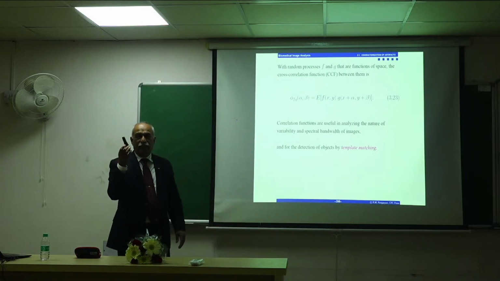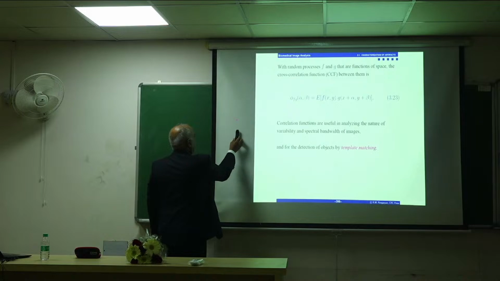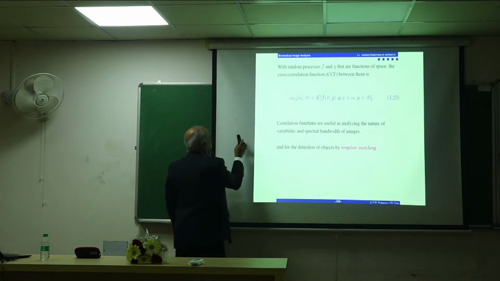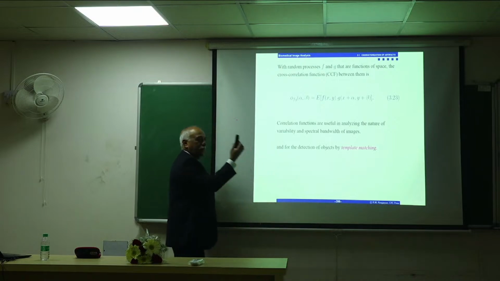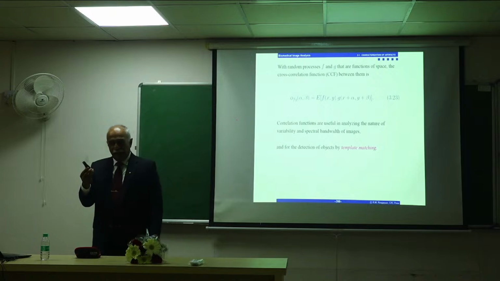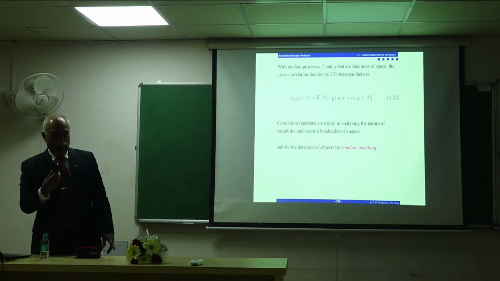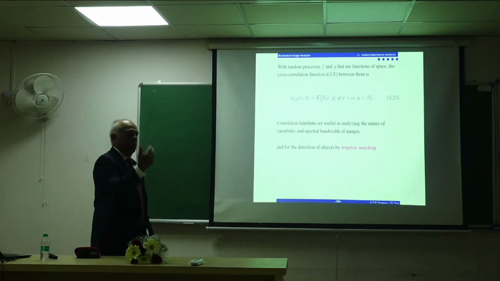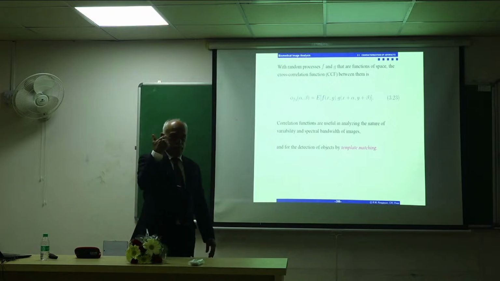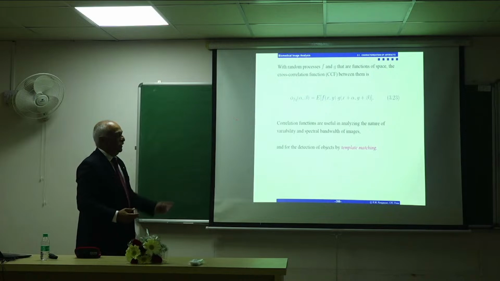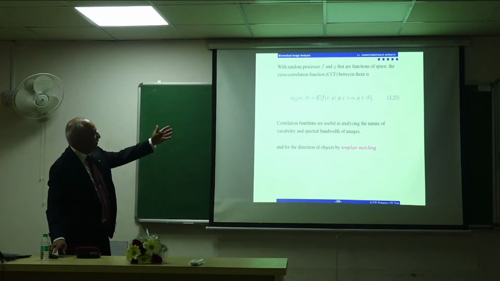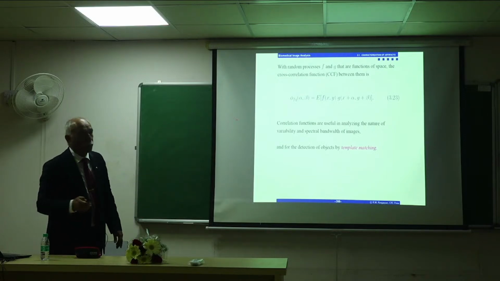So I create an image of this, and then I go like this, multiplying and integrating over this space with a shift. And when a large value is found, I have found that object. That is used in radar in 1D signal processing to detect return signals you get from a signal that you send out, an echo, and that's template matching, which is related to cross-correlation.